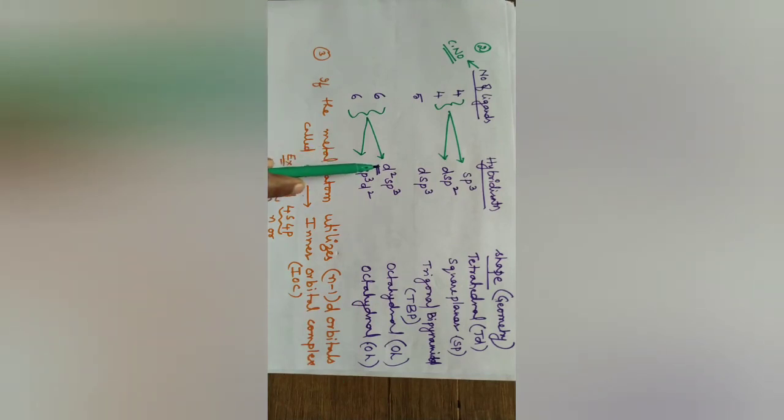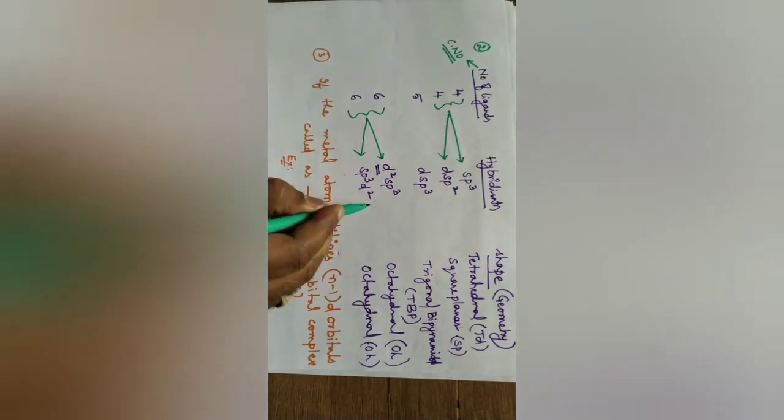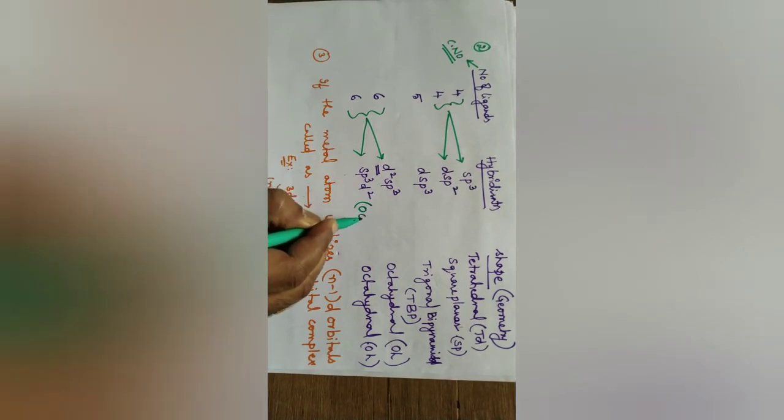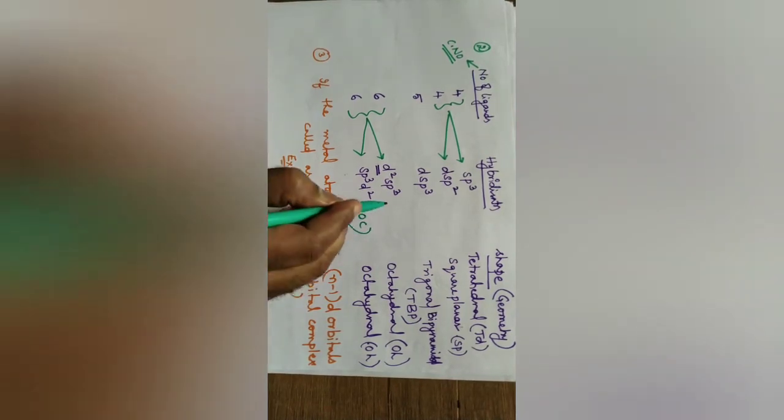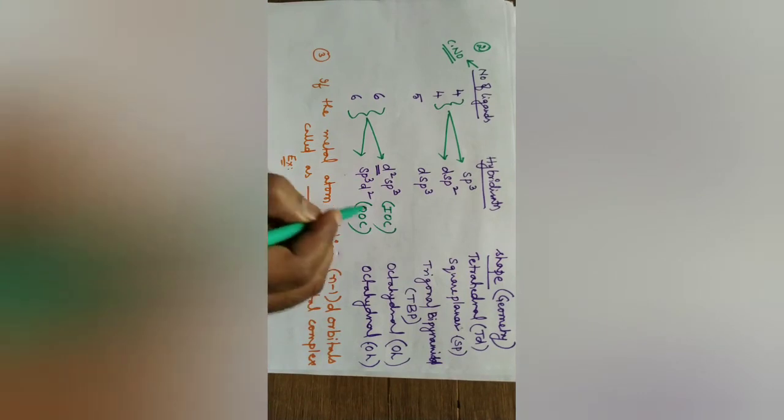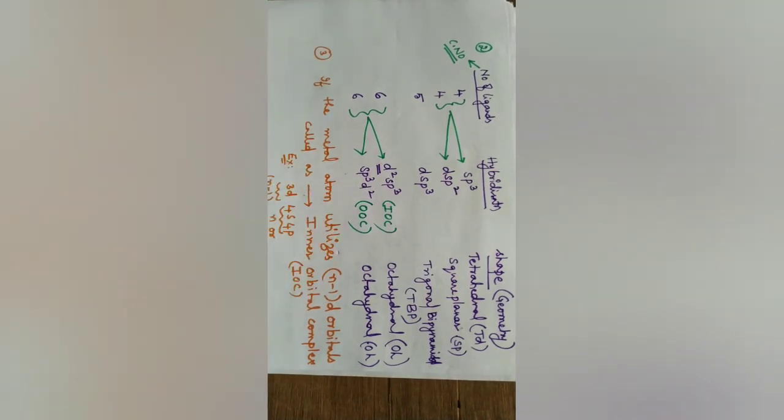If the d comes first, it is (n minus 1)d, an inner orbital complex. The other is an outer orbital complex.